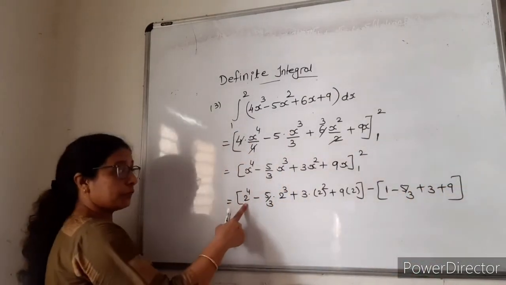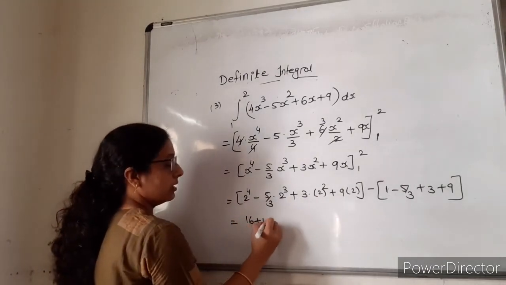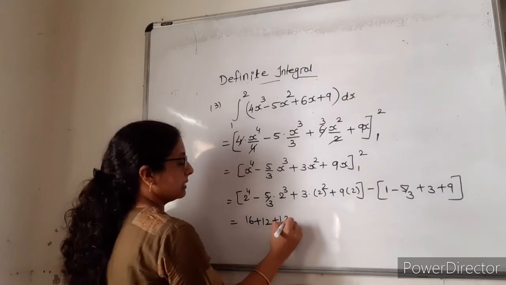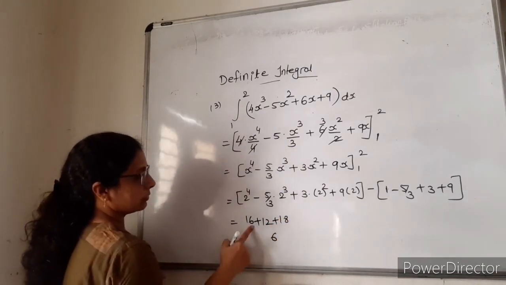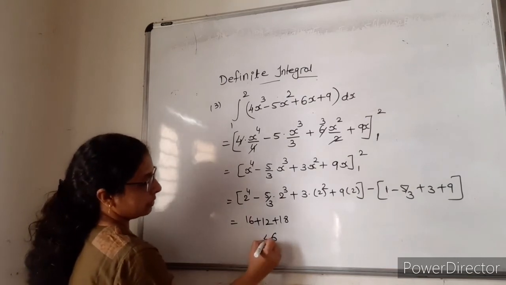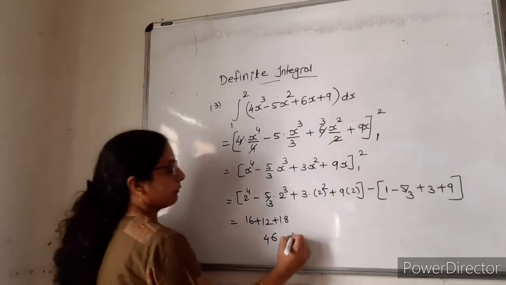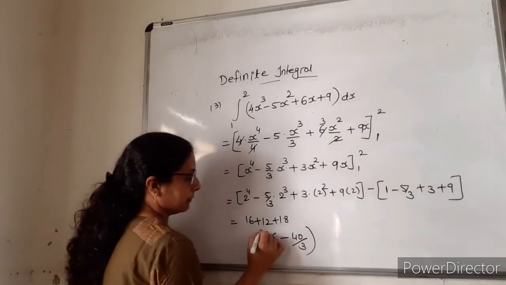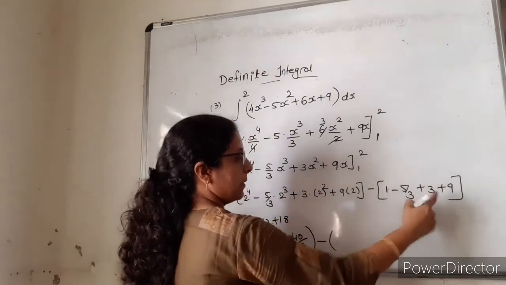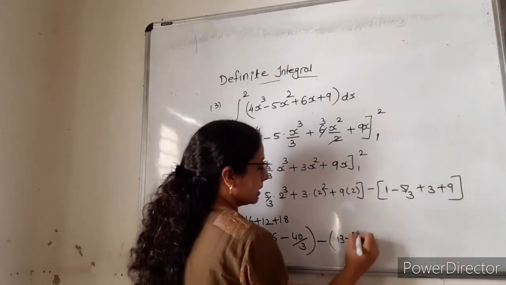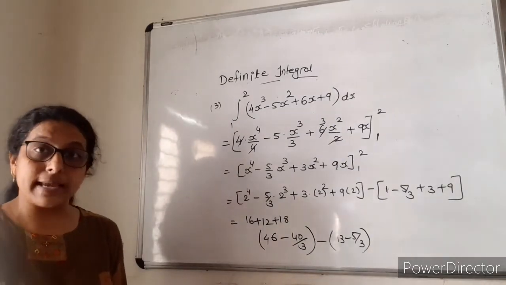So 2 raised to 4 is 16, 4 threes are 12, 9 twos are 18. So this addition will be 46 minus 8 fives are 40 by 3, minus 9 plus 1 is 10, plus 13, minus 5 by 3. Be careful, there are high chances of mistakes here.